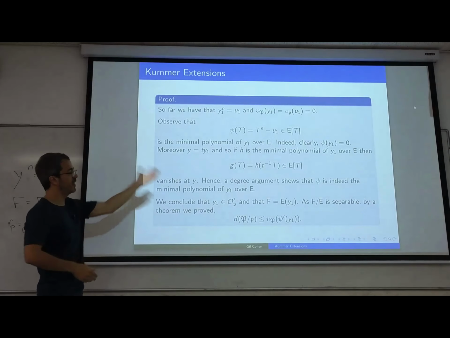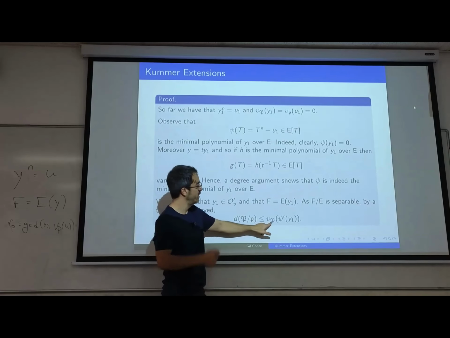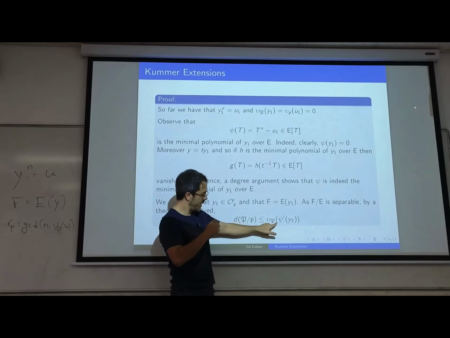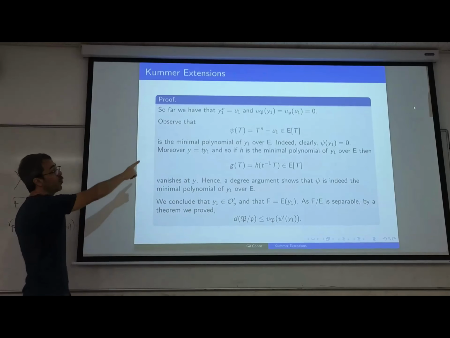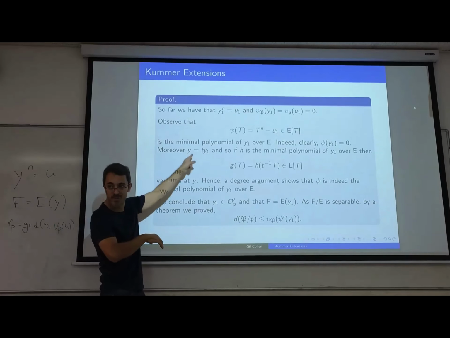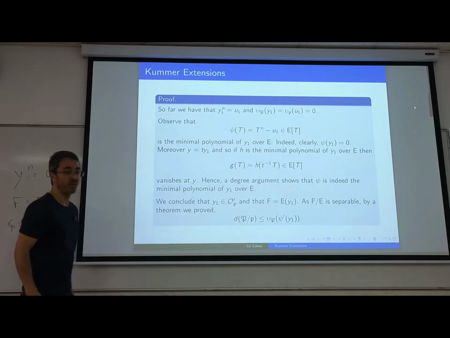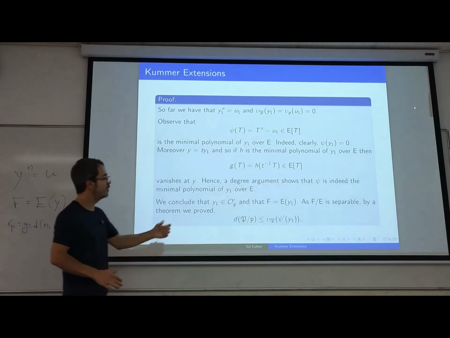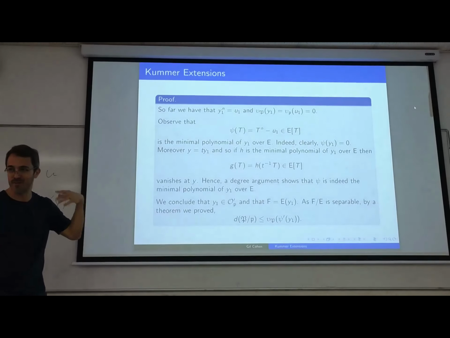Again, a very important theorem, just the bound: the different exponent is bounded by the capital P valuation of the derivative of psi at y1. Recall, I want to prove that this different exponent is 0, in this case. So I have a bound on that. When you want to prove that it's 0, the bound is enough.